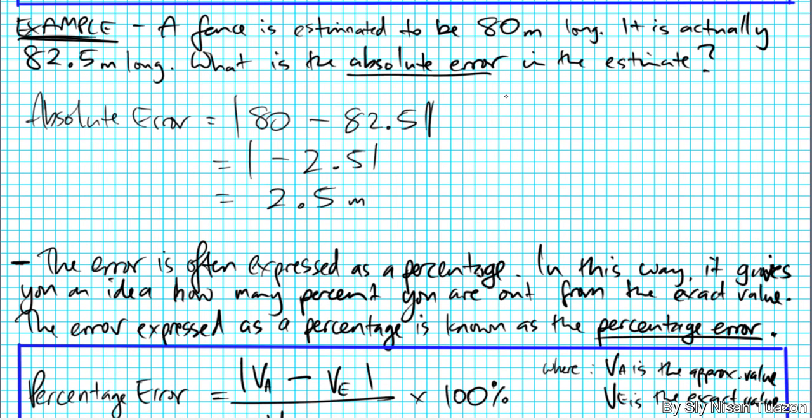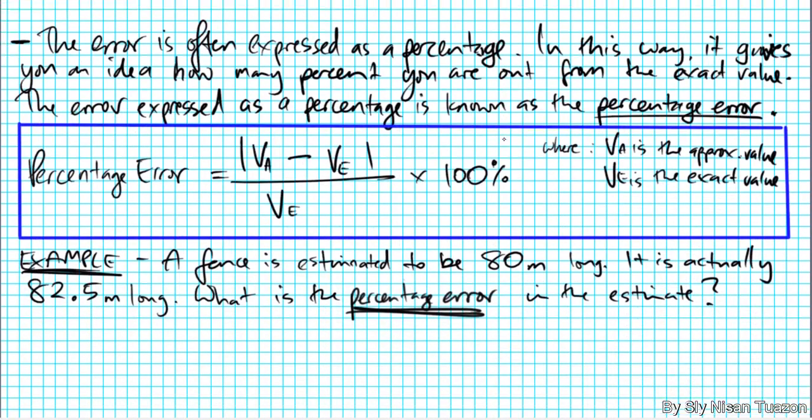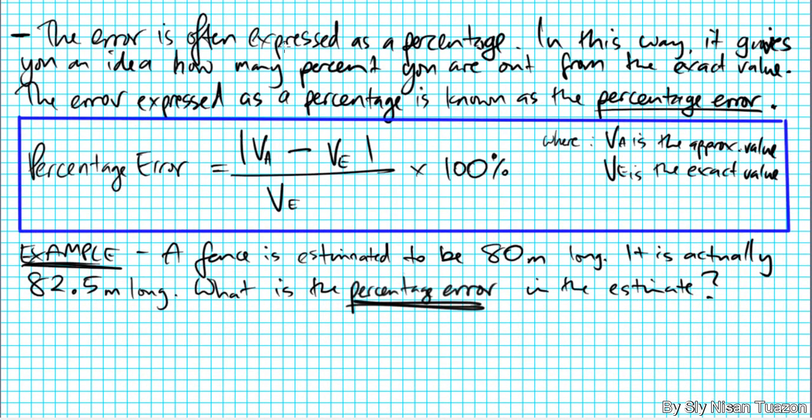It's not so significant. So sometimes you express the error as a percentage instead. It gives you an idea how many percent you're out from the real value, and the error expressed as a percentage we call the percentage error.